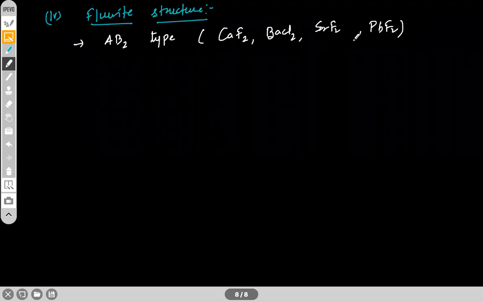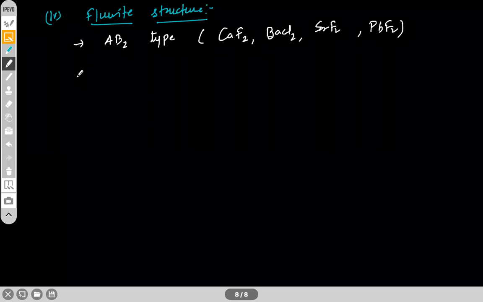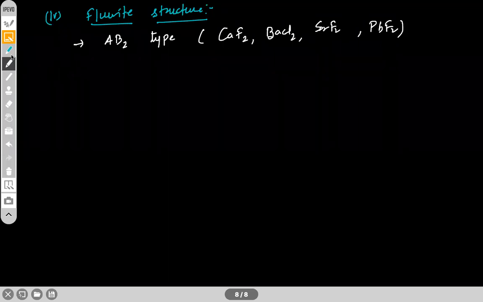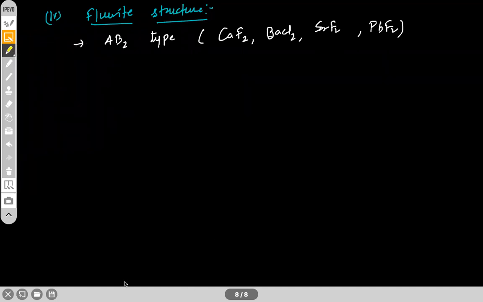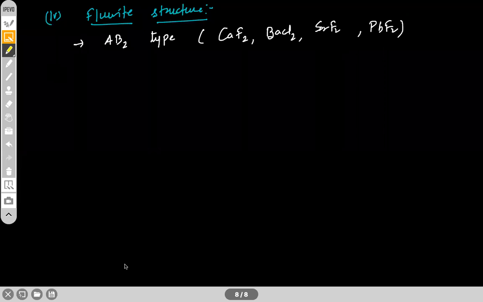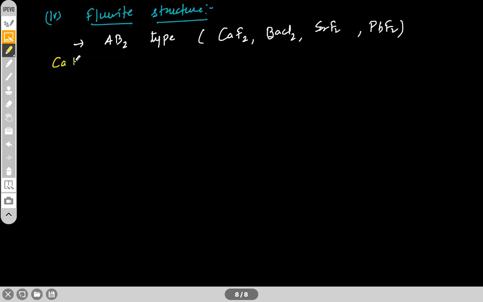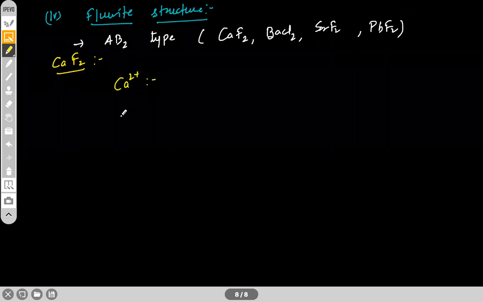So what happens in the fluorite structure? Write down, Ca2 plus ion, I'm taking CaF2 for reference. Ca2 plus, the cation that we have here, has a CCP arrangement.